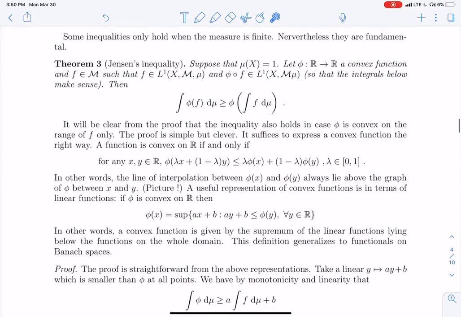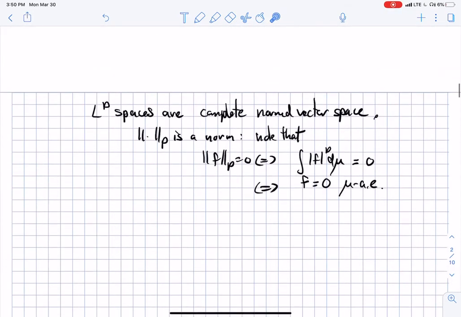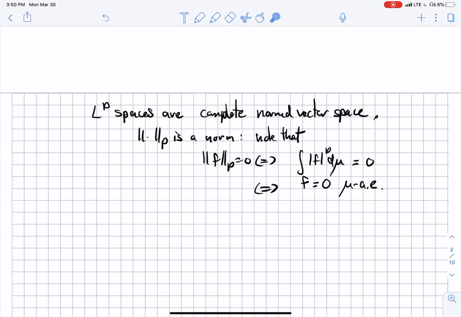All right. Just a little thing I want to say here is that we're going to show in the next section that L^p spaces are complete. And the norm, I should say, the norm that we defined behaves like a norm. So if you actually see L^p spaces as a space of equivalence classes of functions, why?